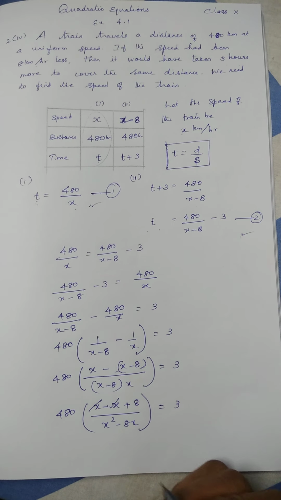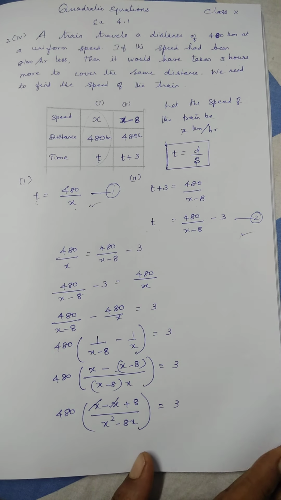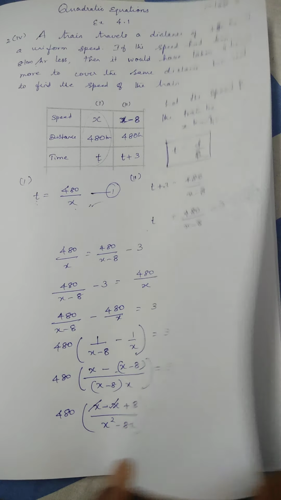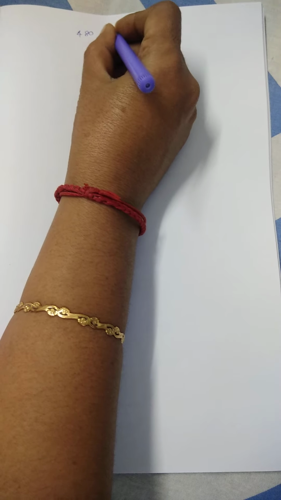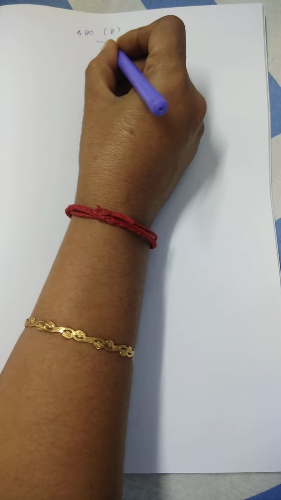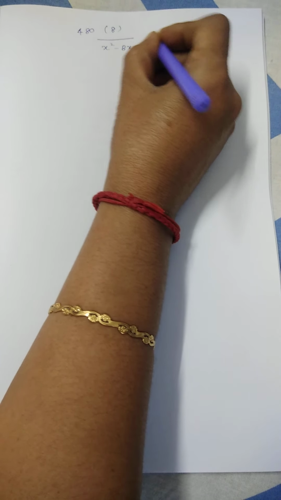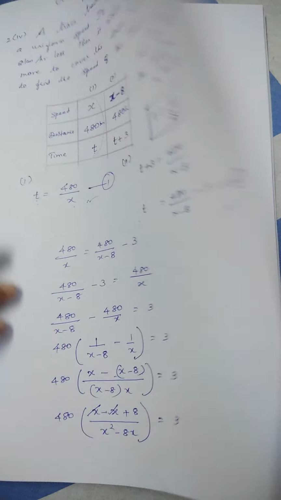The x and x get cancelled. So I'll have 480 into 8 by x square minus 8x is equal to 3.